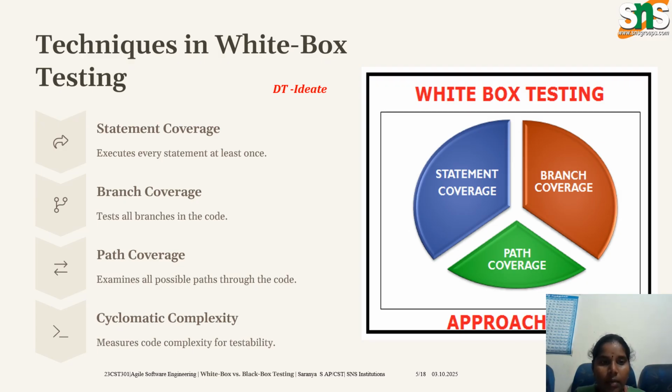Statement coverage ensures that every possible statement in the code is executed at least once, and the purpose is to find unused and dead code. And branch coverage ensures every decision, that means all types of branches in the code, is tested.